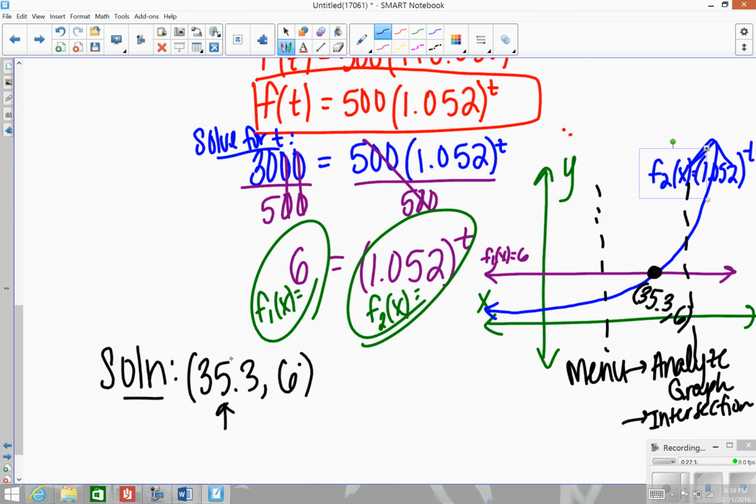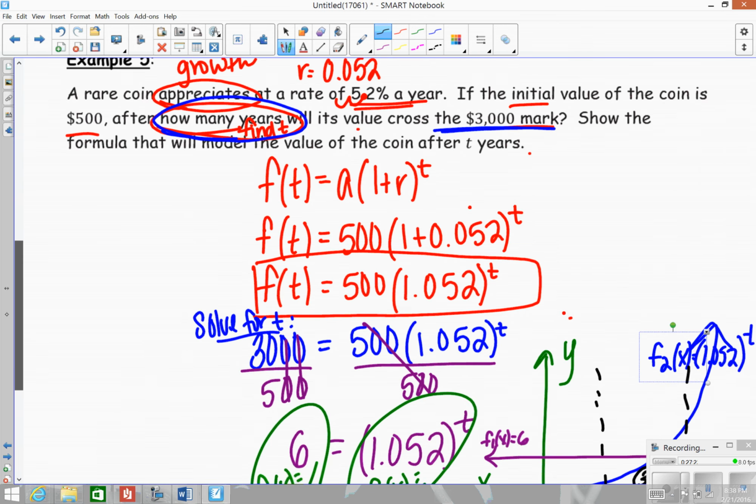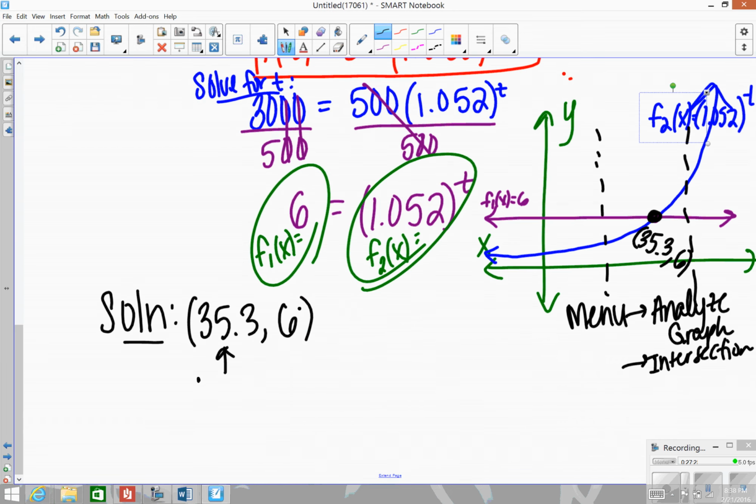This value right here is the t value, so this is the time in years. That's t. And then the 6 represents the y value, so this represents the amount of money. This is the value of the coin.